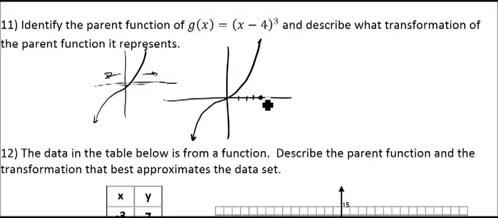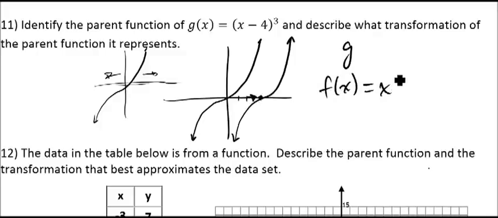So what's happened is I've taken the entire curve and I've pushed it 4 units this direction. So now instead of the y-axis going right through where this inflection point is, now it's coming in like here and here, and then it's coming up like this. So the parent function is f of x equals x cubed, right?